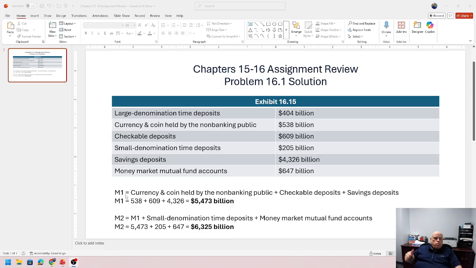So in this case, it would be 5,473, which is the value that we got for M1, plus the small denomination time deposits, which was 205 billion, plus the 647 billion for the money market mutual fund accounts. So you would get a total for M2, the broader definition of money, of 6,325 billion. Okay, so those are the correct values for problem 16.1 on the assignment.